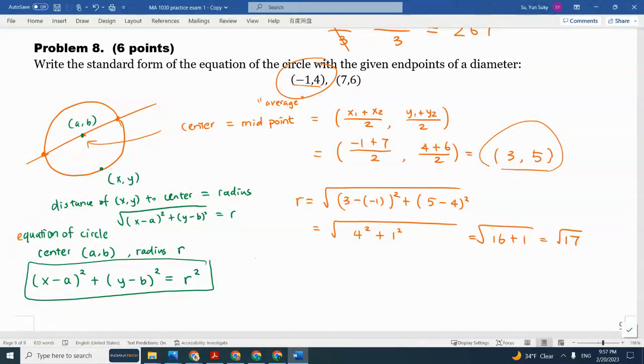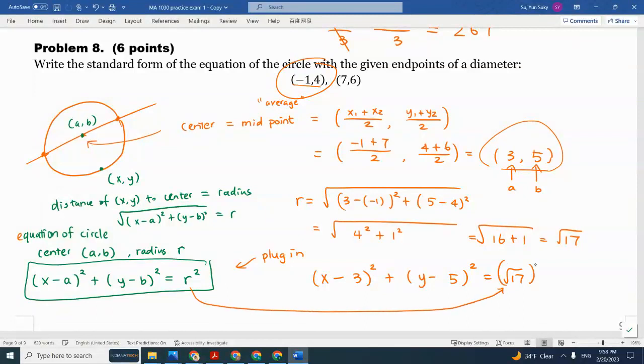Now we're ready to plug in. My center: a is 3, b is 5. So (x − 3)² + (y − 5)² equals the radius squared. The radius is the square root of 17, but you put the radius squared, which is 17.